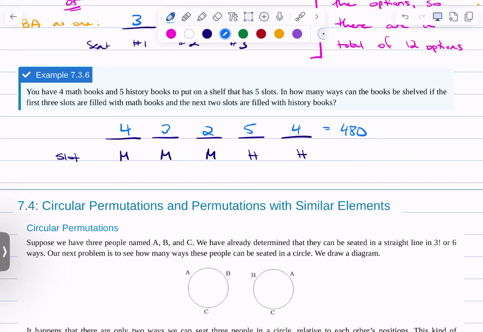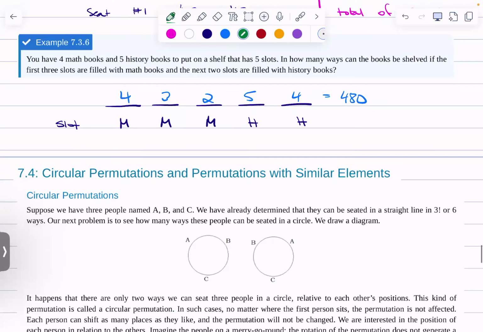You could use permutations here. I don't really recommend it because I find it more difficult. I'll show you. Or use the permutation formula, which would look like this.